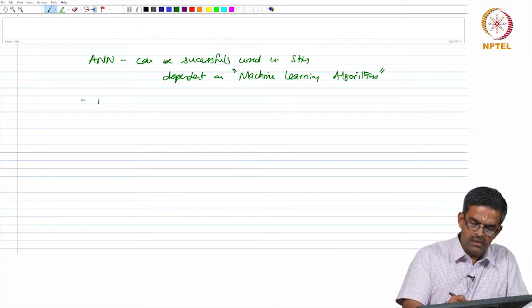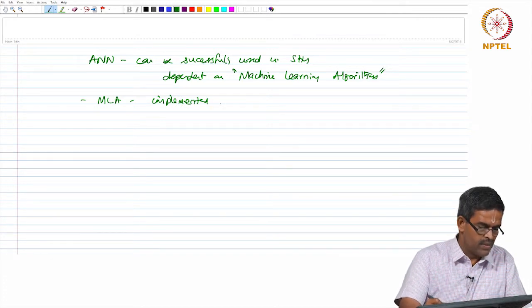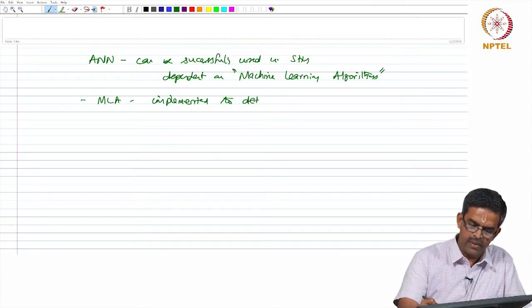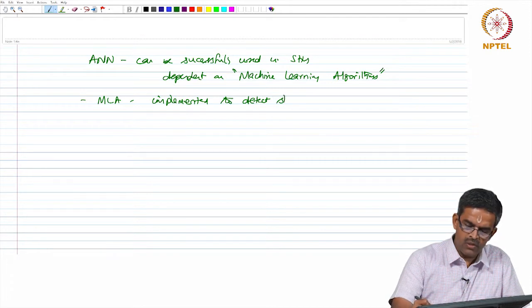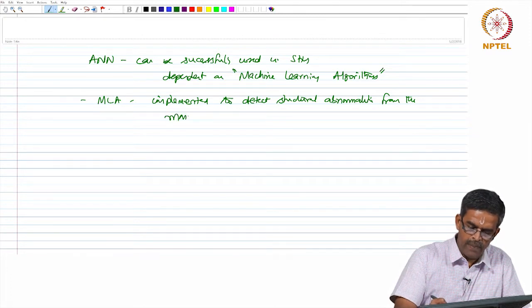Generally, the machine learning algorithms are implemented to detect structural abnormalities caused from the monitoring data.